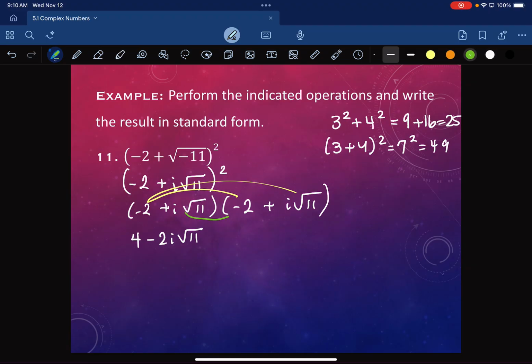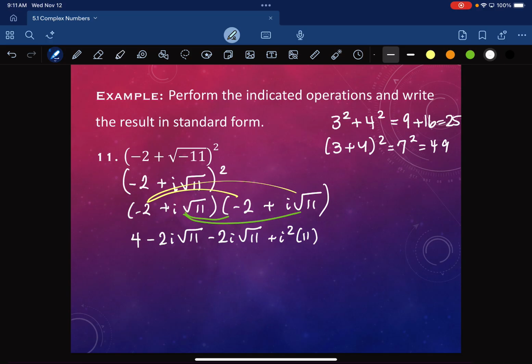My inside terms are going to give me that same value, -2i√11. But then on the last terms, we are going to get some simplifying of some radicals. We've got i times i, that's i squared. And then we've got the square root of 11 times the square root of 11, which is 11. Okay?